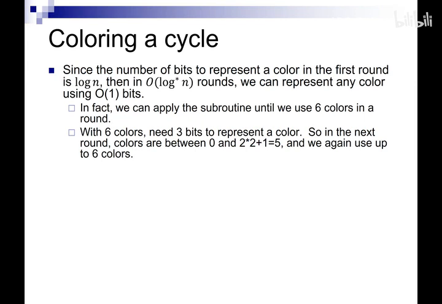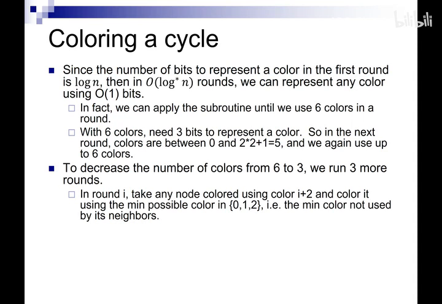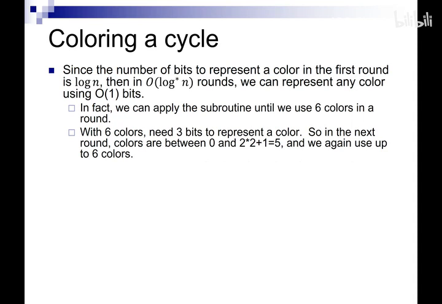The reason is because what we saw was that in each round, if you start with a coloring that requires t bits to represent, then in the next round, your coloring only requires order log t bits to represent.